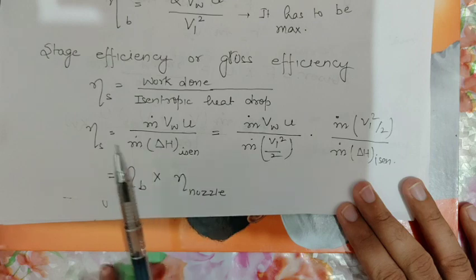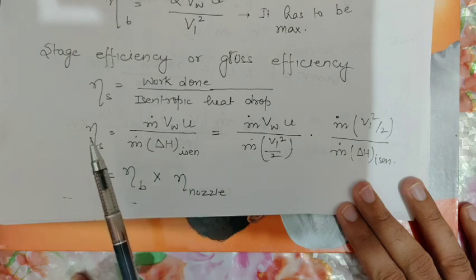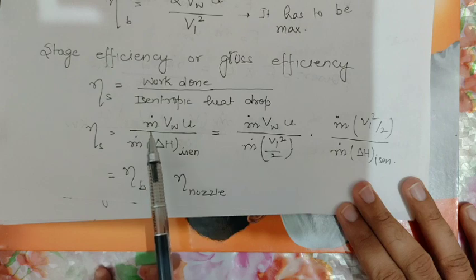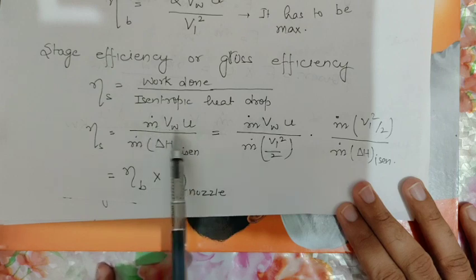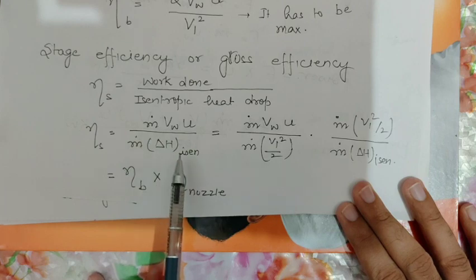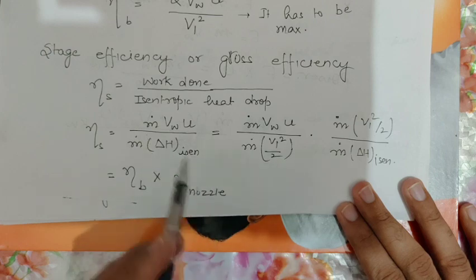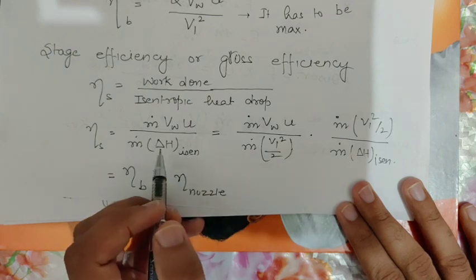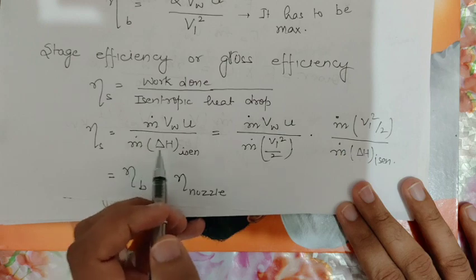So ηs, the stage efficiency, equals m dot Vw u, this is the power, the work done, divided by m dot delta h isentropic, the enthalpy drop between the nozzle and the blade.